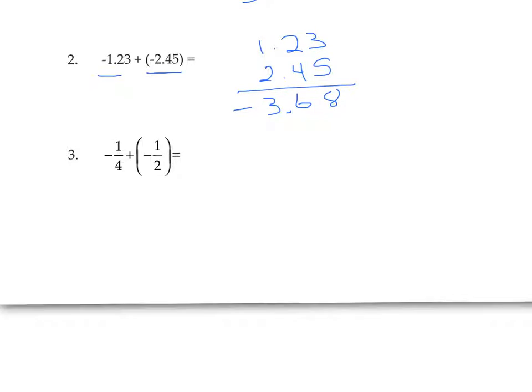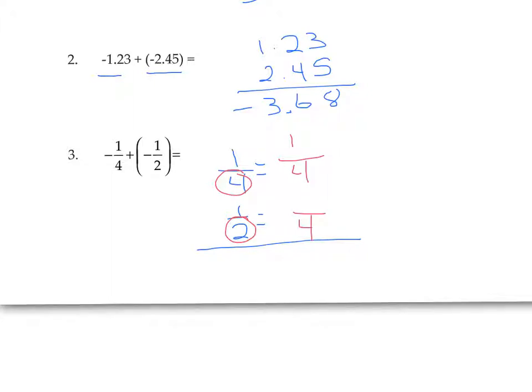We're going to add negative 1/4 to negative 1/2. And again, they're the same sign, so we know our answer is going to come out negative. But to add 1/4 and 1/2, they have to have the same denominator. The common denominator for 4 and 2 is 4. So this one doesn't need to change, but this one does.